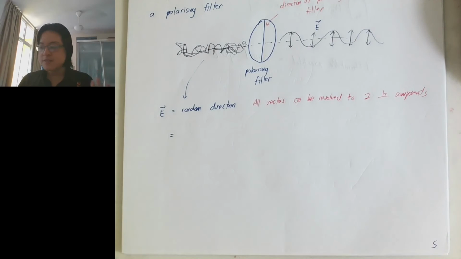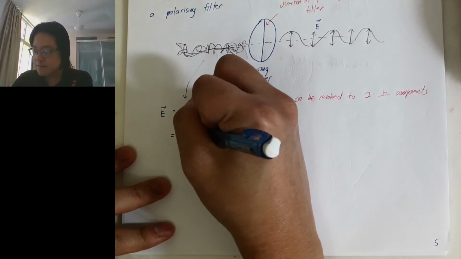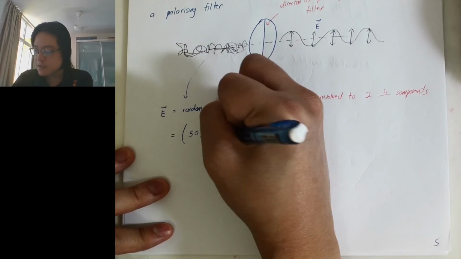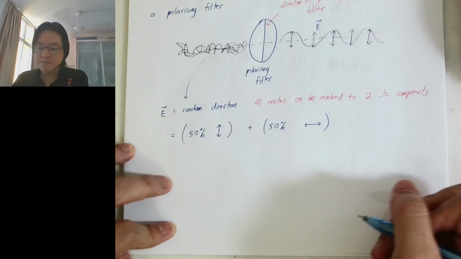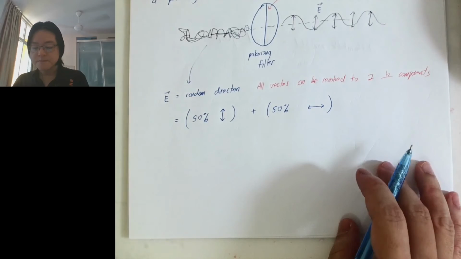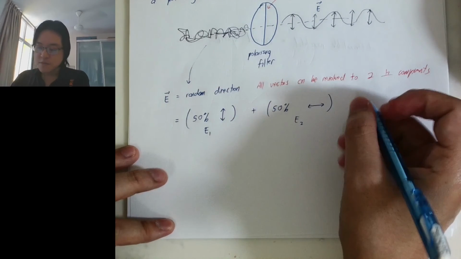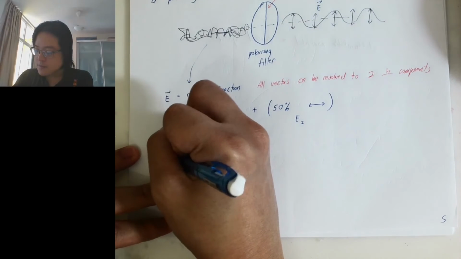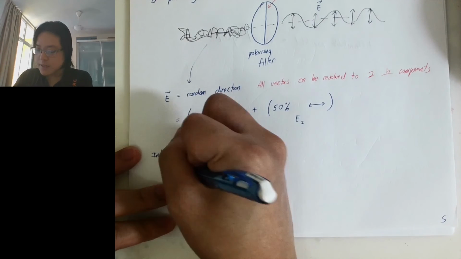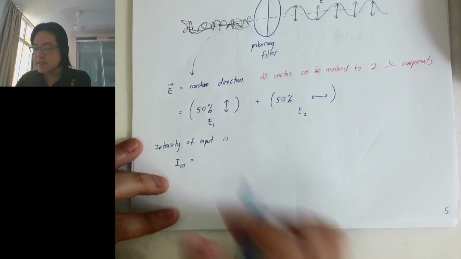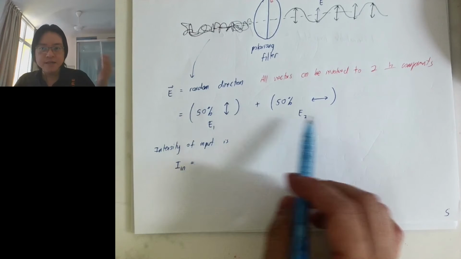But how much is in each component? This is random, and because of that, on average 50% is in this direction, and the other 50% is in the perpendicular direction. Let me call this E1 and this E2. The incoming intensity is a mixture of directions, but after you resolve it, 50% is here and the other 50% is here.